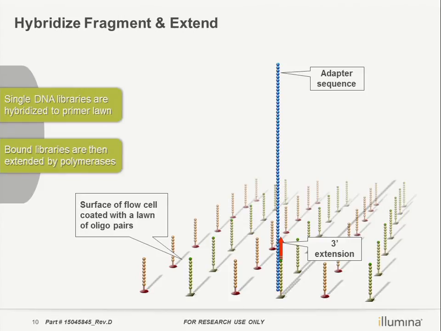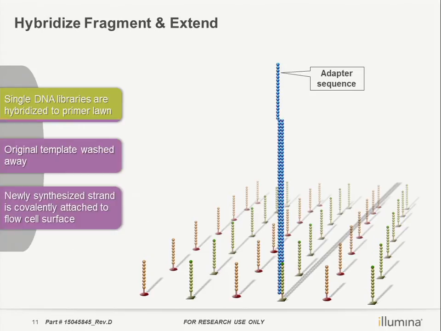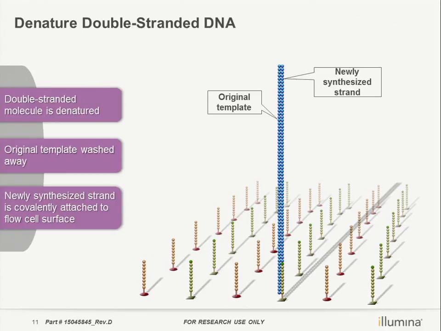Okay, so these coming few slides will describe the whole process of the cluster generation. Before starting, we have to denature the libraries to make them single-stranded. And what we recommend is to use chemical denaturation, using sodium hydroxide to denature the libraries. After loading the denatured libraries, the first step is that the single-stranded library will bind to the flow cell, and then it will do an extension.